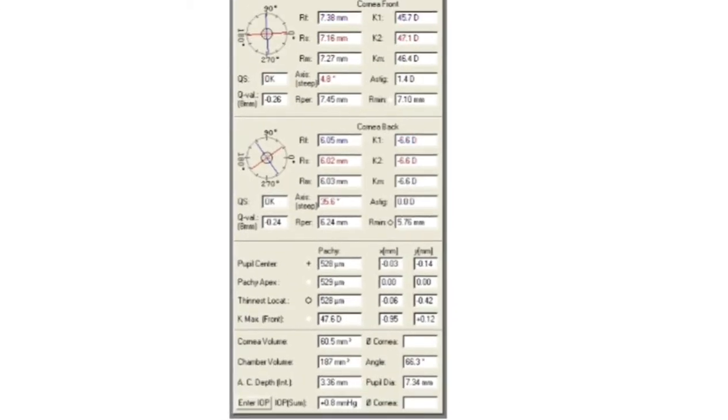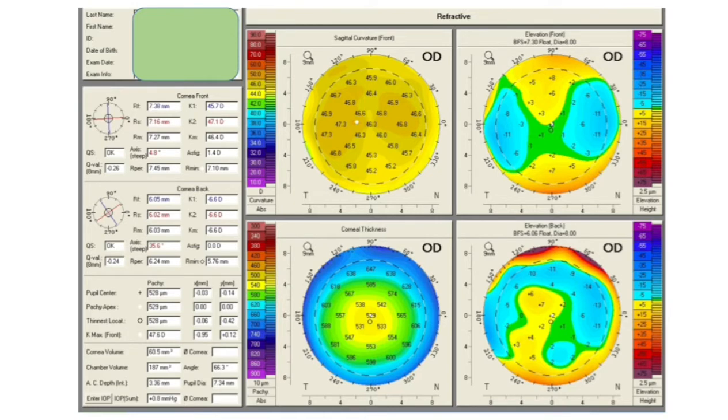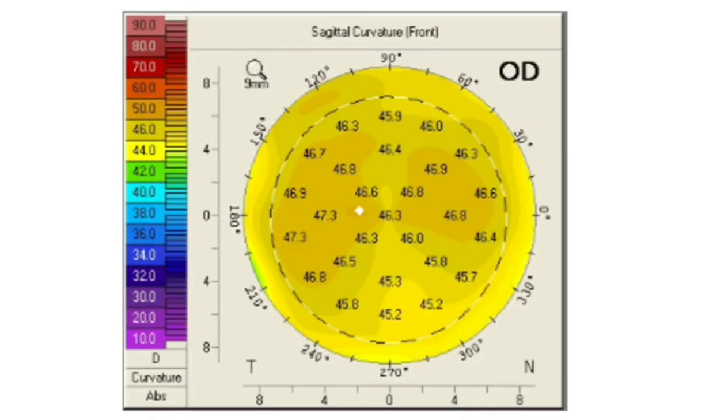Now let us move to the 4 refractive maps that I was telling about. These are the 4 refractive maps. We are going to discuss first the sagittal map, the sagittal curvature front. You can see that it is represented with different colors, like dark yellow or light yellow.